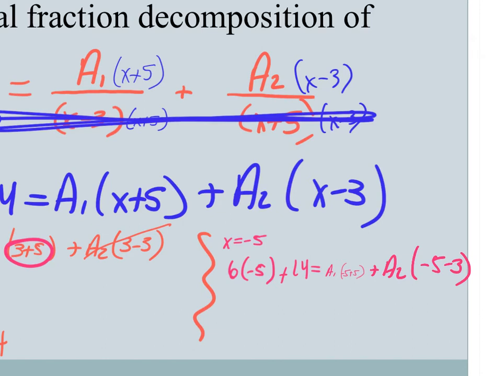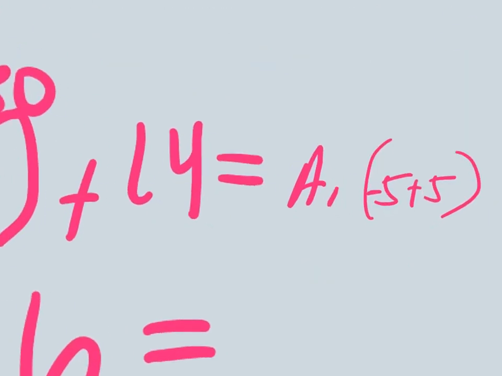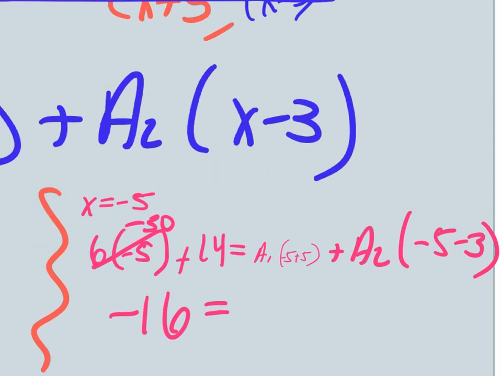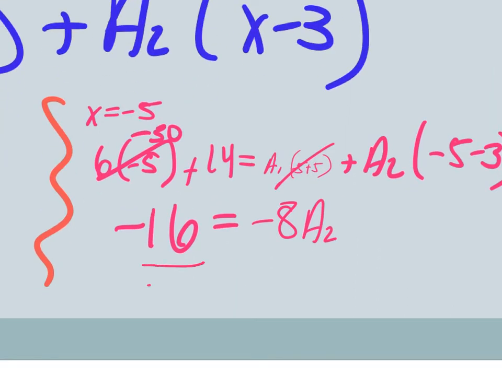Agreed? So if I simplify this, it's negative 30. What's negative 30 and 14? Negative 16 equals, what happens with negative 5 and positive 5? It cancels out. So I'm left with, what's negative 5 minus 3? Negative 8, a sub 2. Divide both sides by negative 8, and I get a sub 2 equals 2.